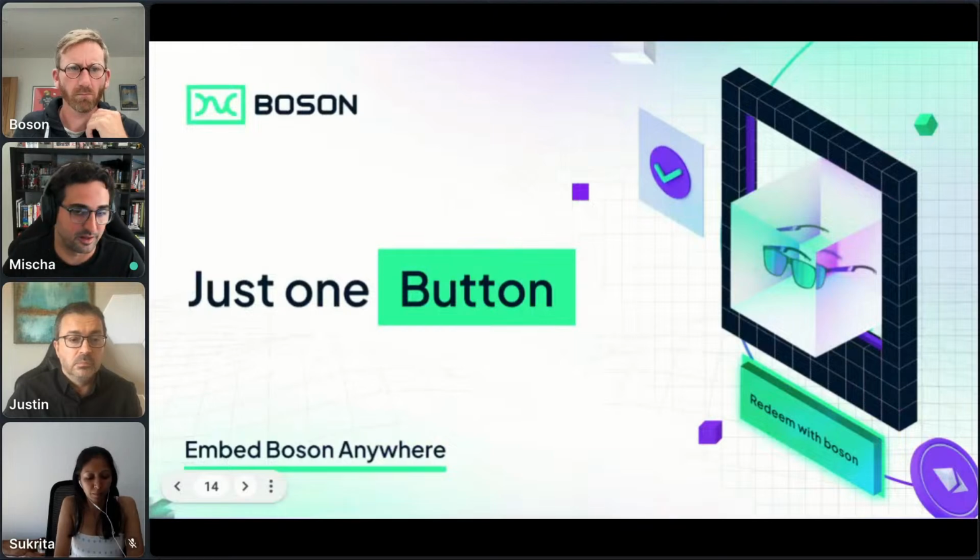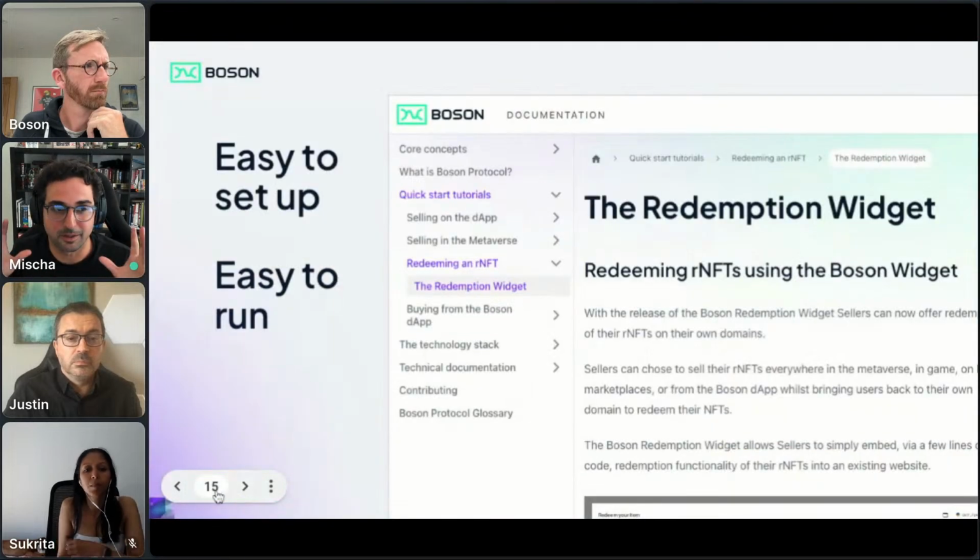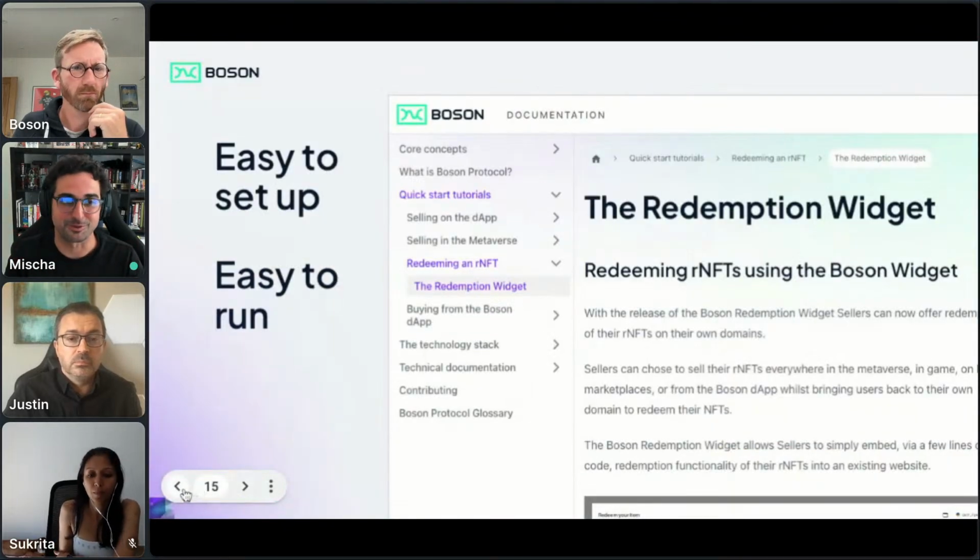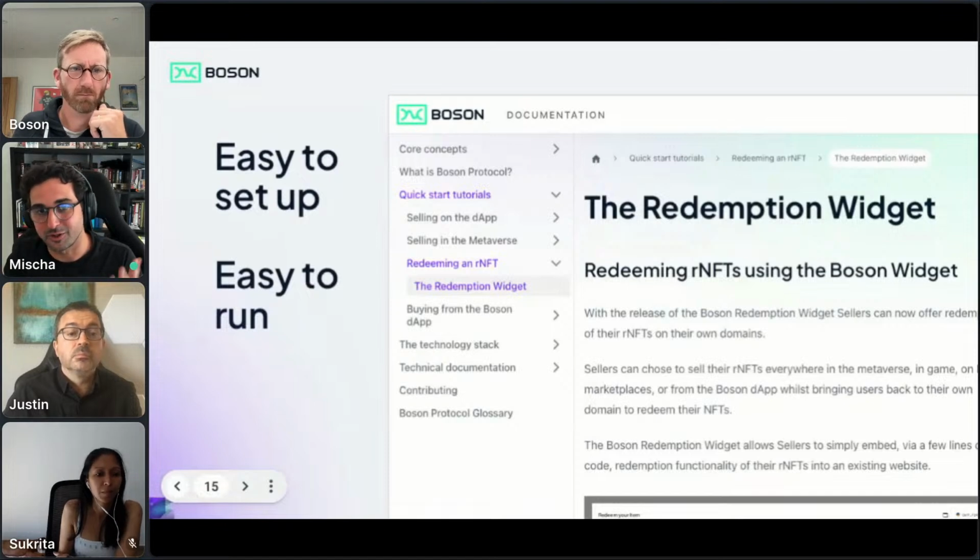The lightest touch interaction is they can have a button which says redeem on some sort of splash page going, look, have you bought my NFTs? Come back here, redeem. You press that button, and all you have to do is add a few lines of code. You can see it all in the documentation site.